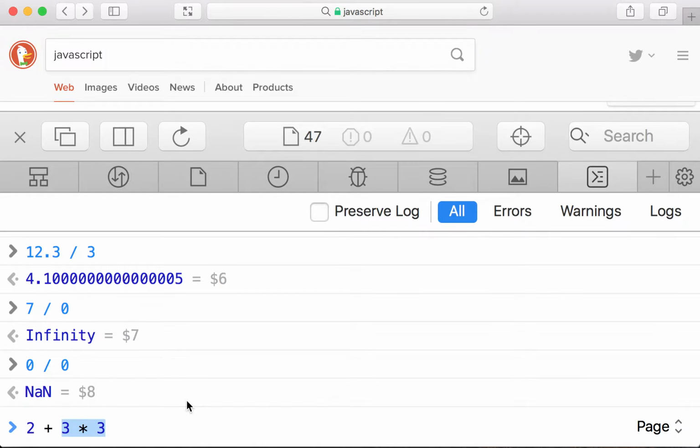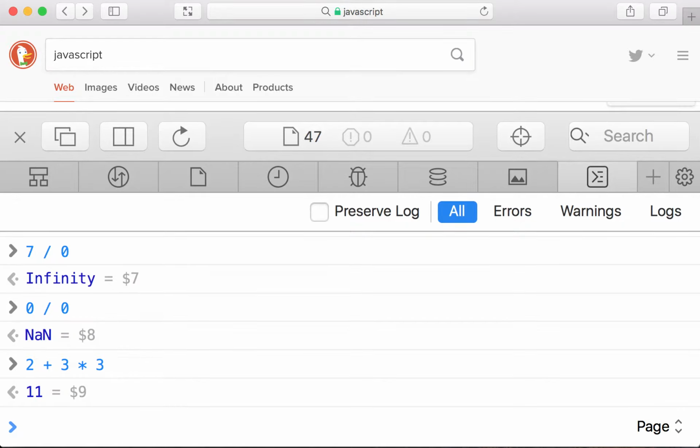The same is going on here. You're not going to get the 2 plus 3 first. It's going to obey the mathematical rules. So it first does 3 times 3, which is 9, and then adds 2. Got 11. So be aware of that.